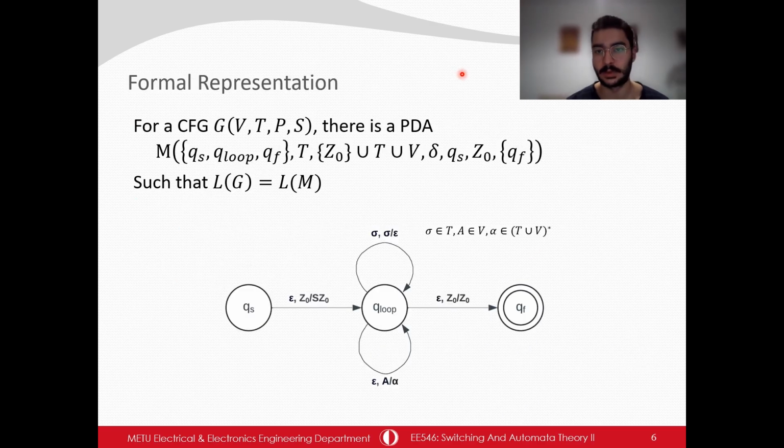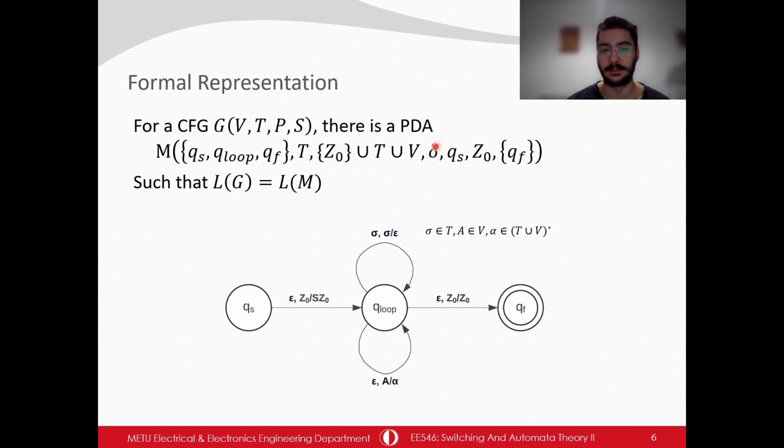Then we should formally represent this conversion. For a CFG with the non-terminal and terminal sets and some set of production rules, there should be a PDA which has these exact 3 states all the time, and the terminal characters as its alphabet, and stack symbols corresponding to each terminal and non-terminal character, as well as an initial stack symbol.